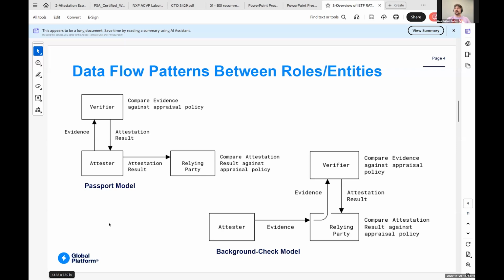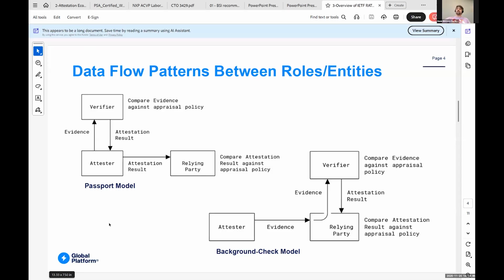That's an interesting way to look at it. It's called the passport model, where I get the passport from my country. My country is my verifier, and it takes a lot of vetting the first time, like eye color and all the evidence, the claims that define me. And then when I finally have my passport, it's my attestation result, I can show it around at every customs service desk in the world.